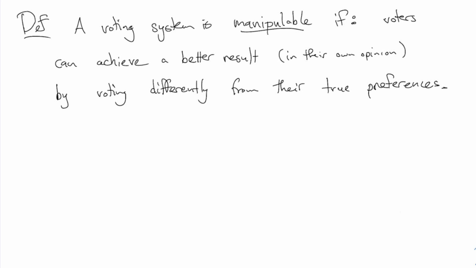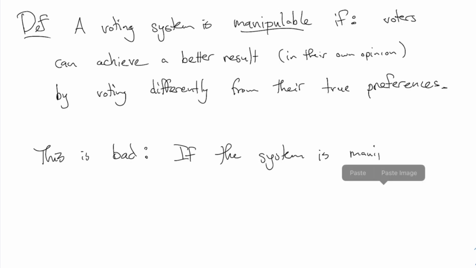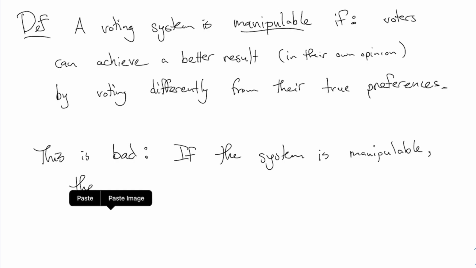All right, a voting system, you don't want your voting system to be manipulable. So this is bad, to be manipulable. What it means is if the system is manipulable, then the job of the voter, when you go to vote, in a manipulable system, you do not only think about what your preferences are, but you don't necessarily vote that way.